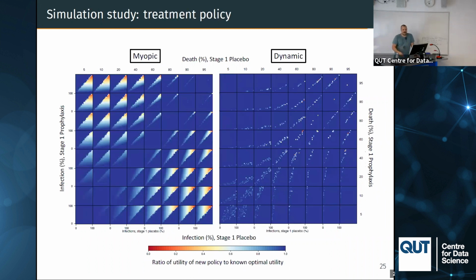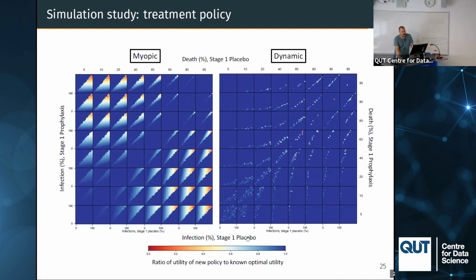Then when we go on to make decisions based on the results of the trial, you can see this ratio is from 0 to 1. In some circumstances, if we make that wrong decision, if we have a myopic trial and it gets stuck for whatever reason in the suboptimal regimen, you can end up with huge reductions in utility.